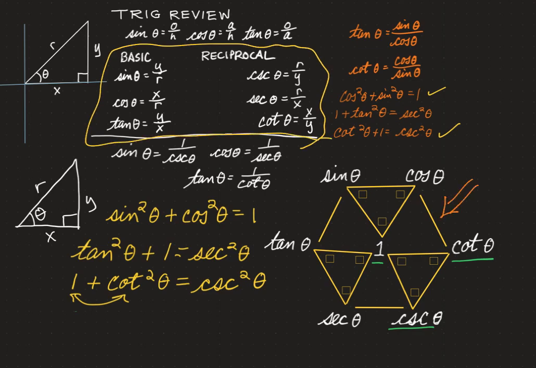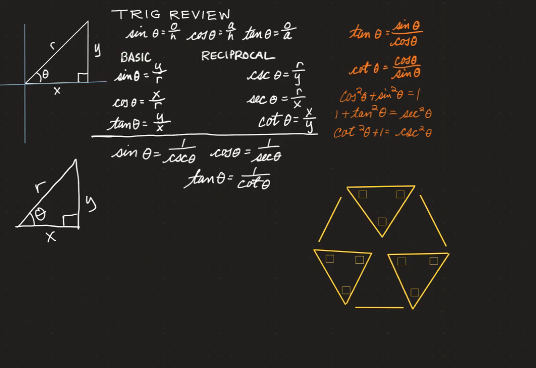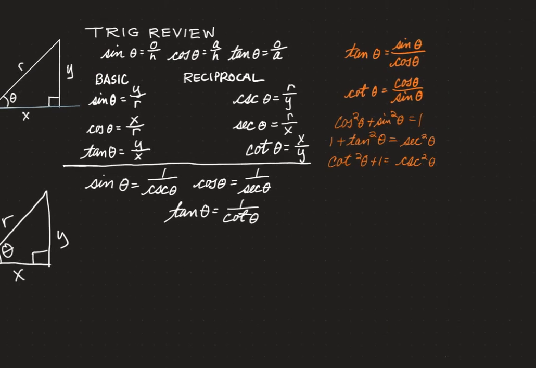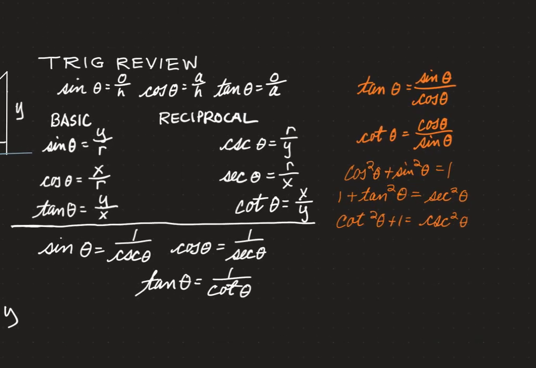This is just to help you remember the relationships, to remember the identities without having to derive them each time. But what I truly want you to be able to work with and to apply are these trigonometric ratios and these identities. So let's do some applications in the next video.